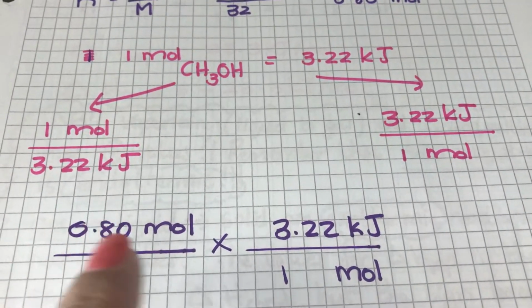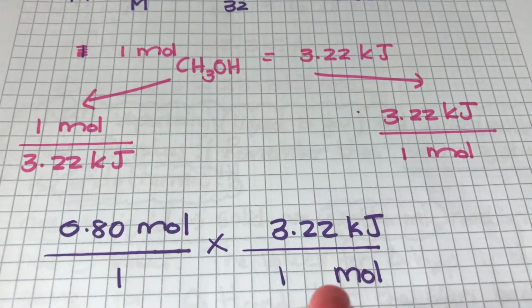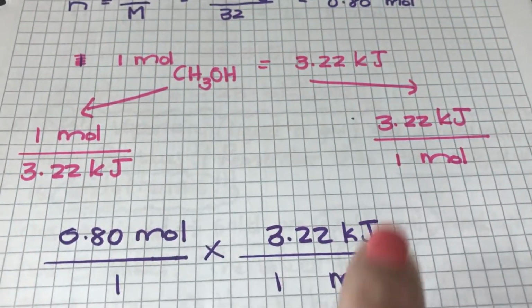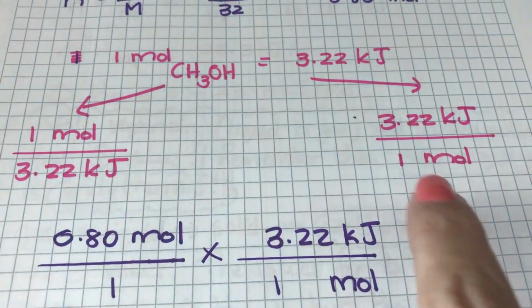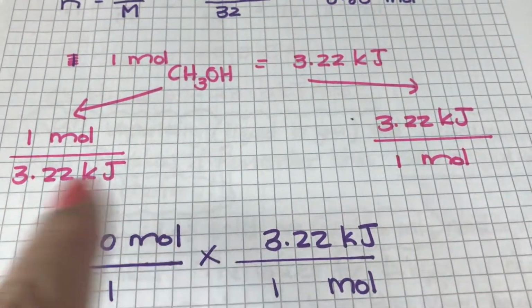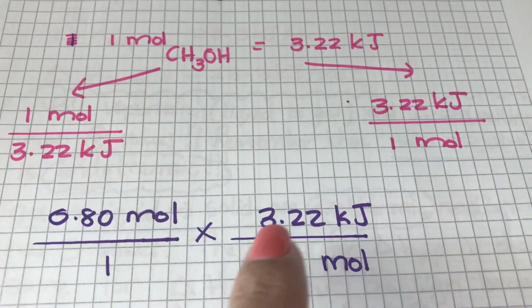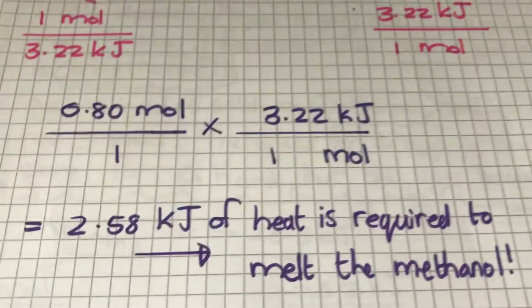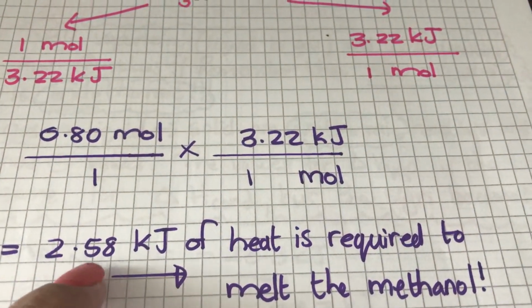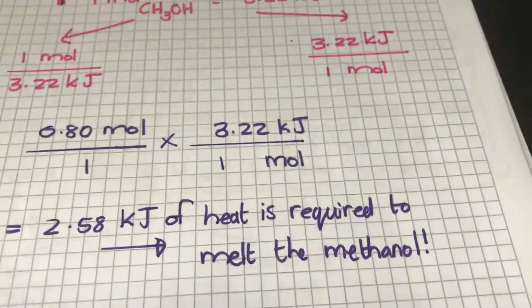So 0.80 mole over 1, I need to make sure that if I have mole on the top, there's a mole at the bottom. So I now find the conversion factor that will fit there properly. This is the only one. I can't use that one. It doesn't have mole at the bottom. So I will use this one, which is 3.22 kilojoules over 1 mole. If I multiply that out, I see that 2.58 kilojoules of heat is required to melt this methanol.